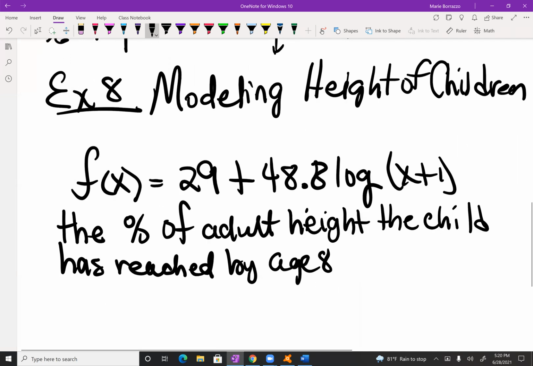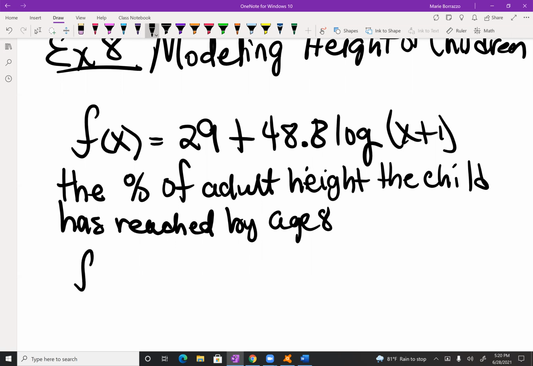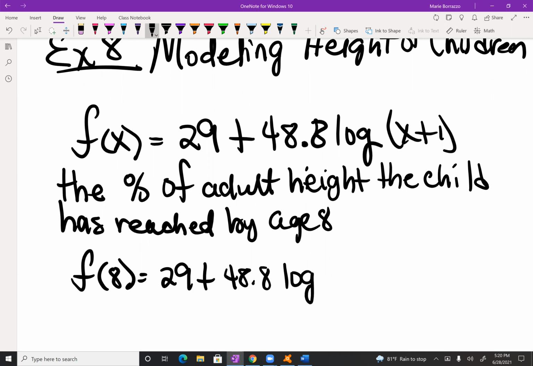Basically, substitute in 8. So you're going to do f of 8 is equal to 29 plus 48.8 log of 9, right? 8 plus 1, 9. You should get approximately 76. So they've reached approximately 76% of their adult height by age 8. That's all that is, substitution.